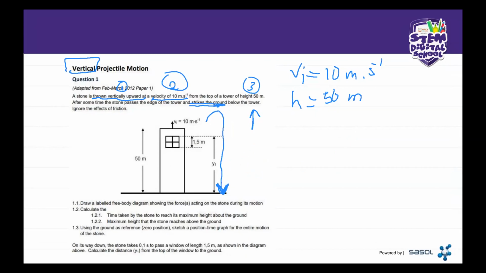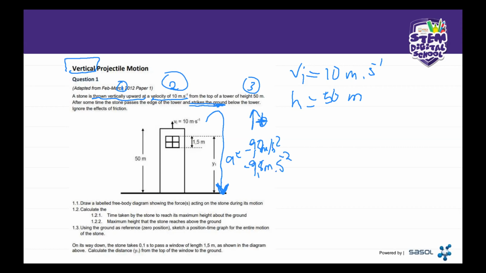So you always choose the direction. We choose upwards as positive, and our acceleration is minus 9.8 meters per second squared.